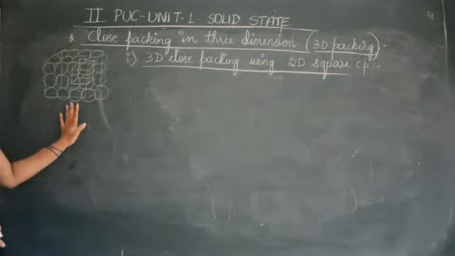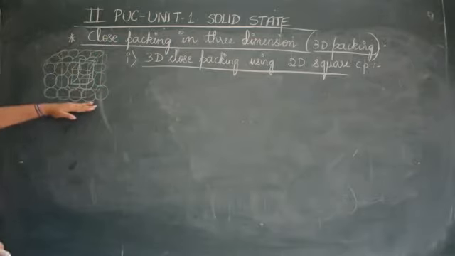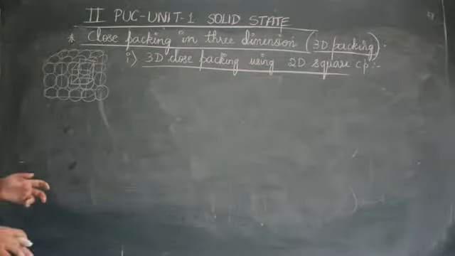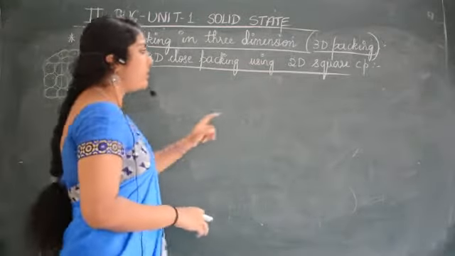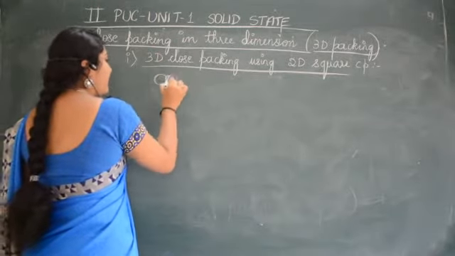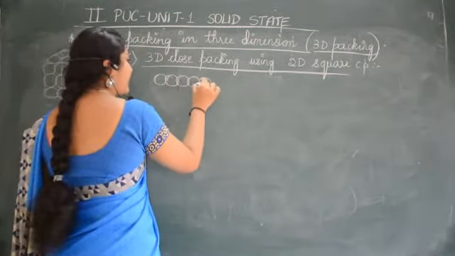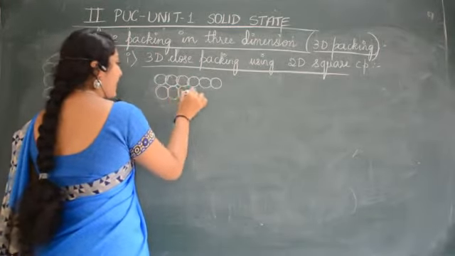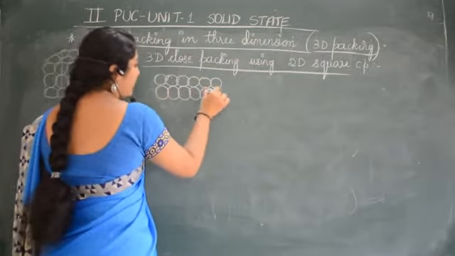For convenience, I have just drawn the diagram this way. It might not be clear to you, so I'll try to make it clear. In 2-dimensional square close packing, one layer is of A type, and the second layer is also of A type, placed exactly below the other.